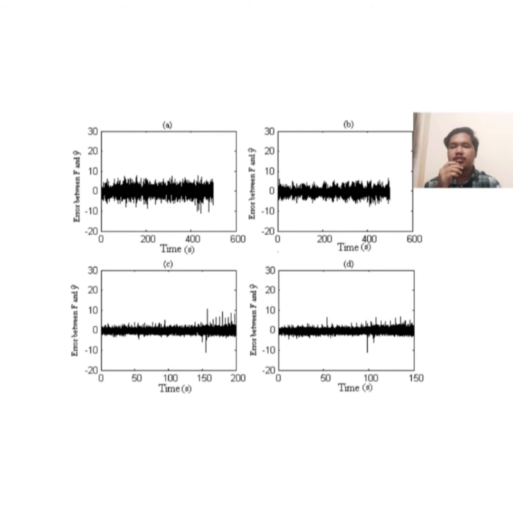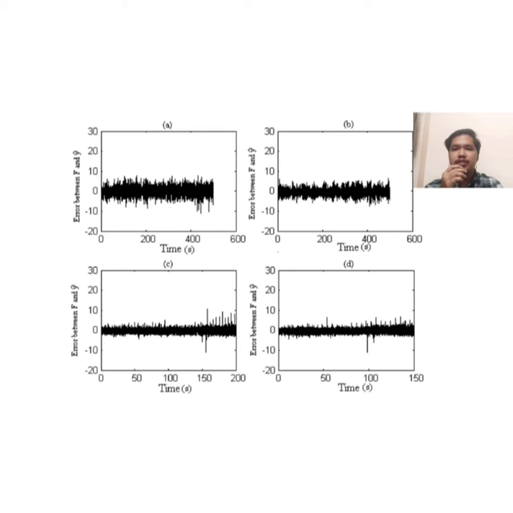The graph shown is a comparison of actual and estimated cutting force. The first one, A, is with spindle speed 800 RPM, feed rate 150 mm per minute, and depth of cut 1 mm. B is spindle speed 1000 RPM with feed rate 100 mm per minute, depth of cut 1 mm.